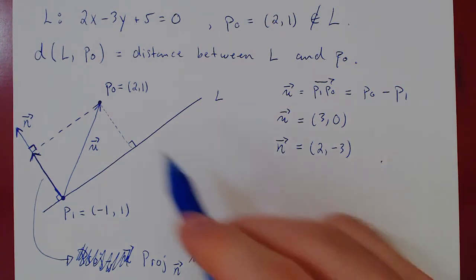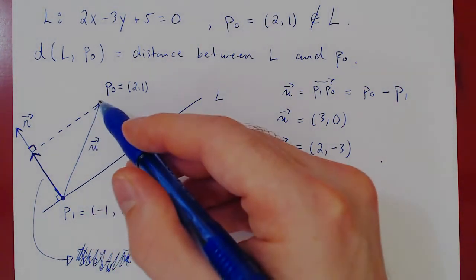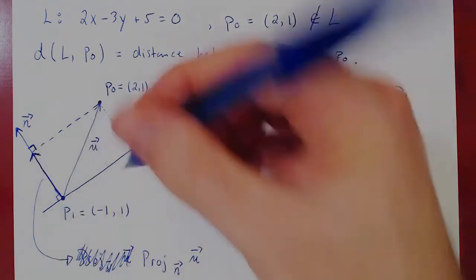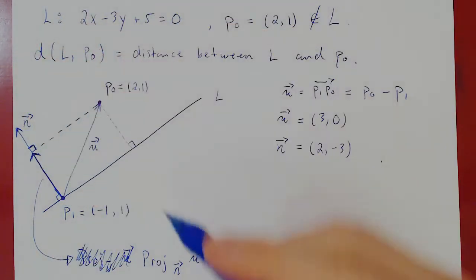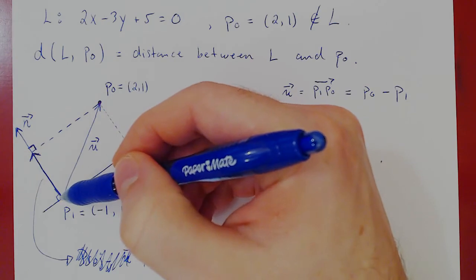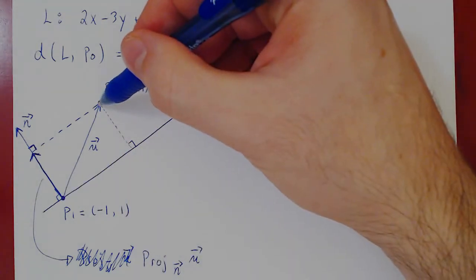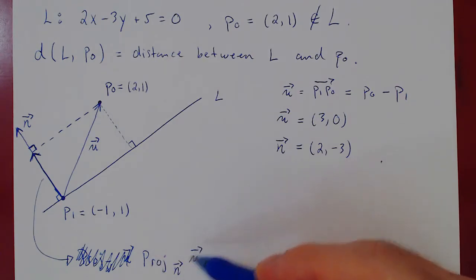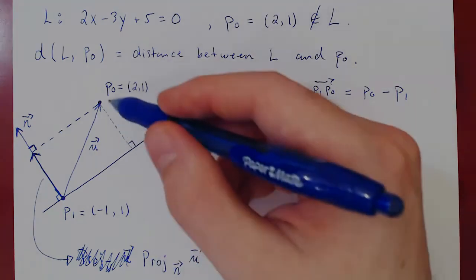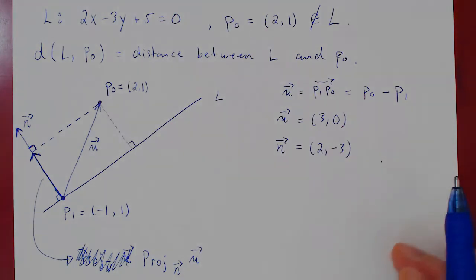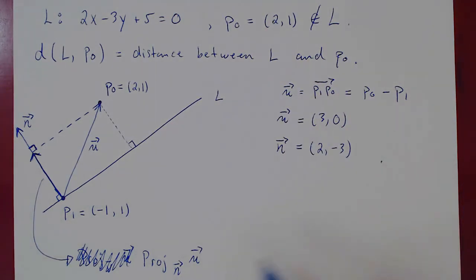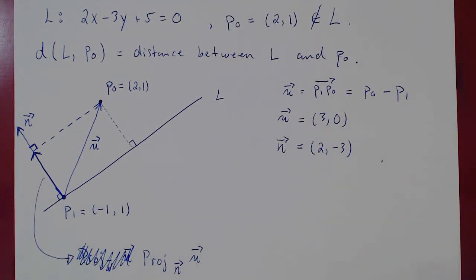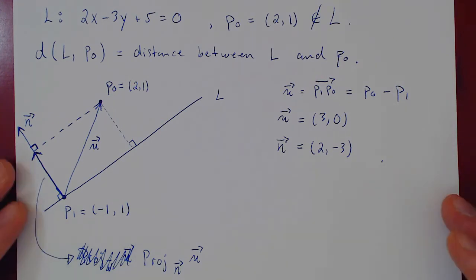And you see, by projecting vector u in an orthogonal fashion onto vector n, we now have a vector whose length is exactly the length of this segment. Therefore, the length of the projection of u onto n is the distance between the point P0 and the line L. So all we need now is to find the vector, and then the norm of the vector is our distance.